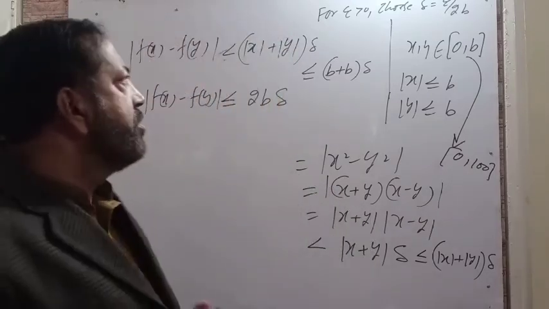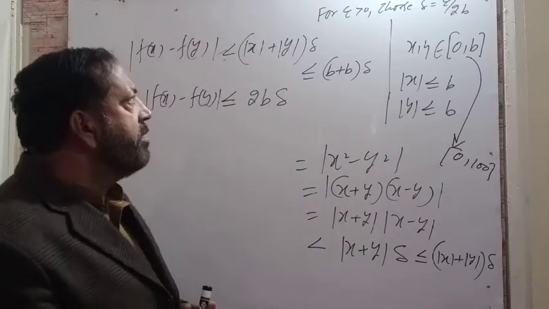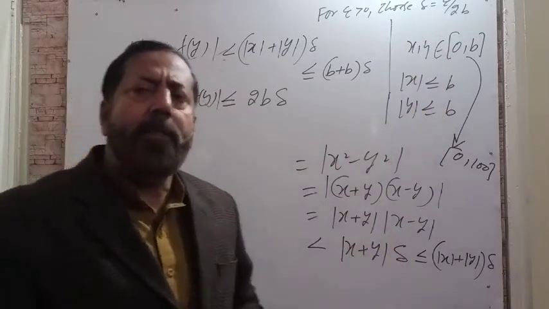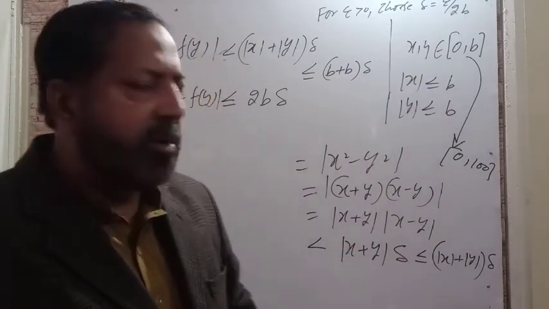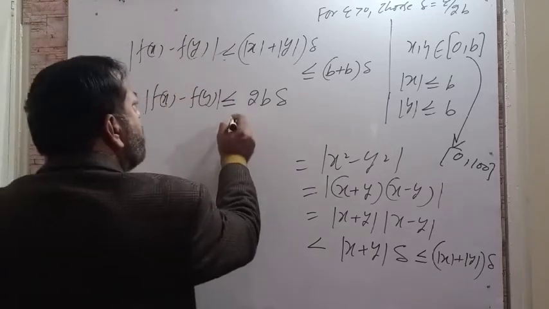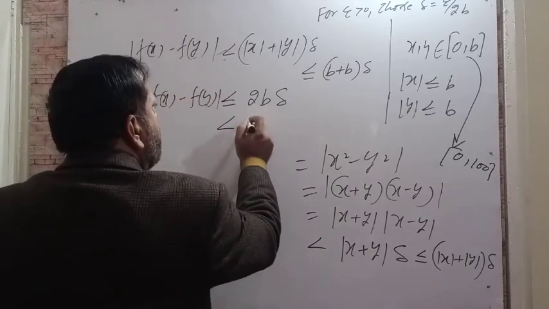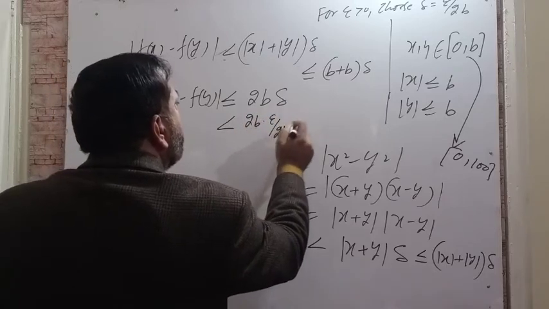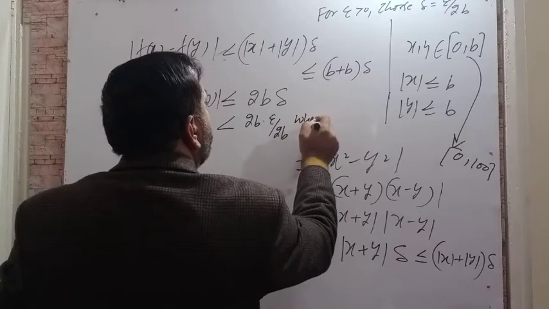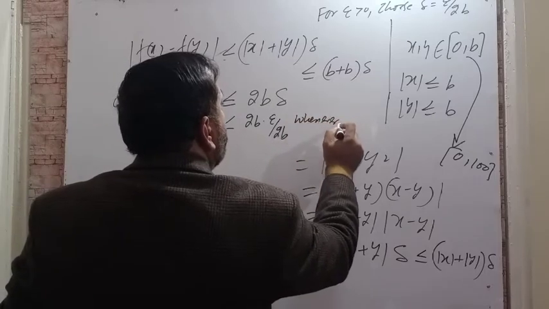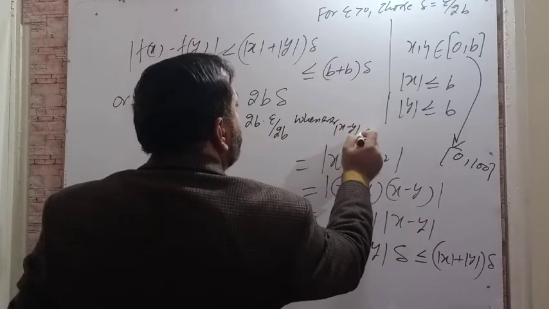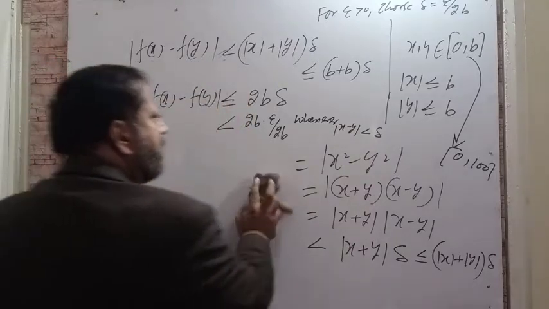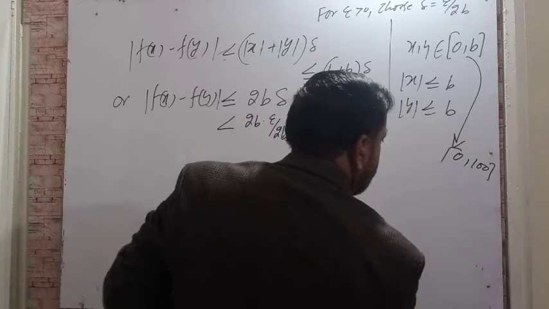So delta is free from the point. We are not using the point when choosing the value of delta to satisfy the definition of uniform continuity. So this is equal to 2b times epsilon by 2b, whenever |x − y| is less than delta. So now this is the definition.